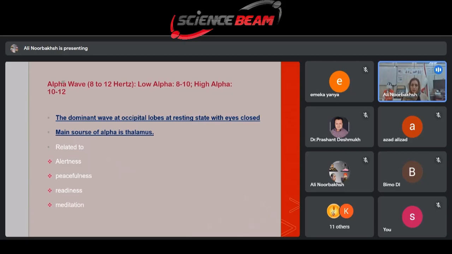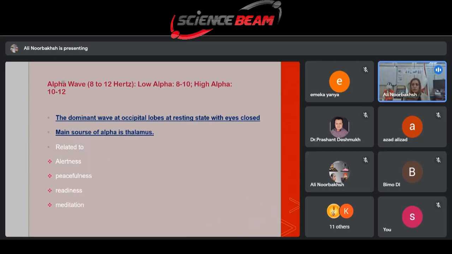The dominant wave is very important, because the dominant wave is at the occipital lobes at resting state with eyes closed, and you know that the main source of alpha is the thalamus.